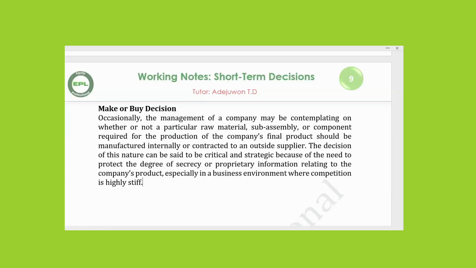So if your competitor gets to know the degree of secrecy underlying your product, the company may be out of business. That's why we have said it is strategic. Now, under make or buy, what are you supposed to do? Remember what I told you. Anything you want to do under short-term decisions must be examined from two perspectives: the economic angle and also the qualitative factor.